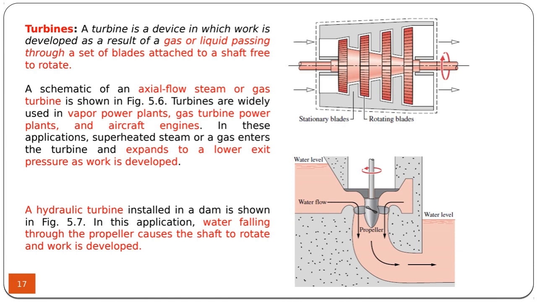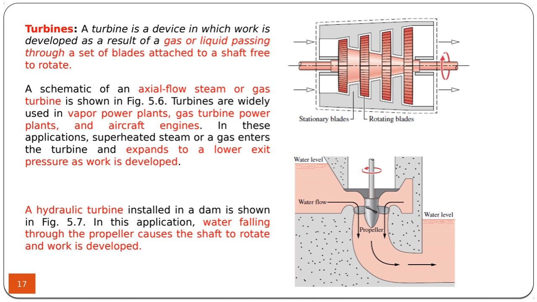In a turbine, as the kinetic energy of the flow is decreased, work is obtained. So the kinetic energy of the incoming stream, or sometimes the enthalpy of the incoming stream, is converted to work.